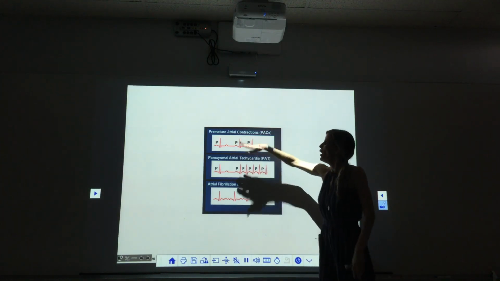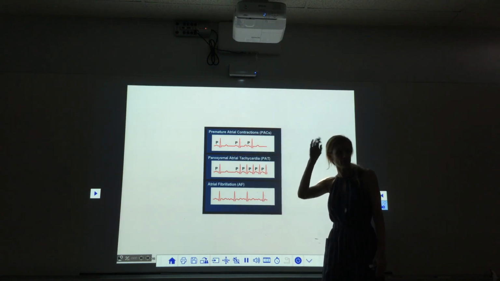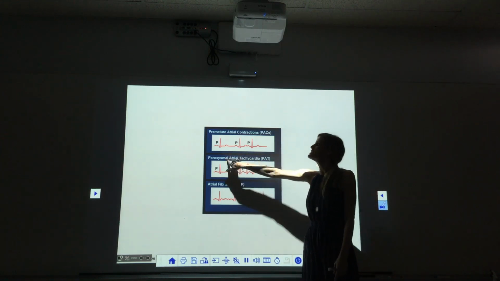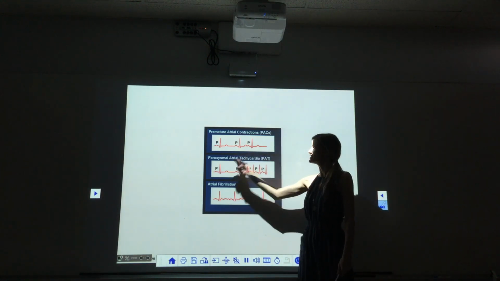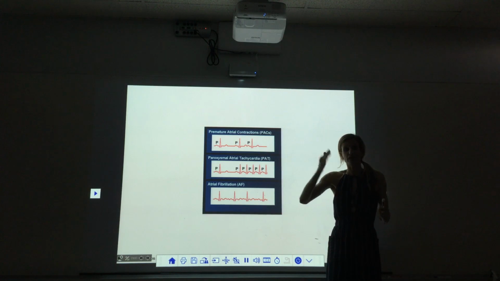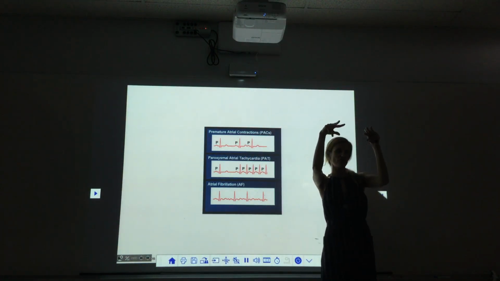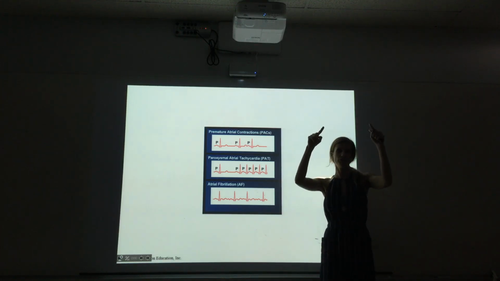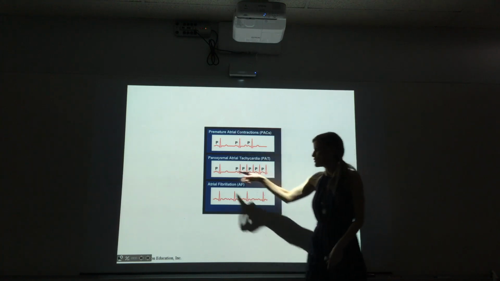Now, if we have multiple PACs in a row, if it keeps happening for some reason over and over and over, then you're going to see paroxysmal atrial tachycardia. What did we say tachycardia was? Fast heart rate. So now you have a really rapid heart rate that's continuing because of what's happening up in the atria. So the atria are beating really fast and everything else is following suit. Okay, the atria contract, ventricles contract, atria contract, ventricles contract. So we can see that on here, right?